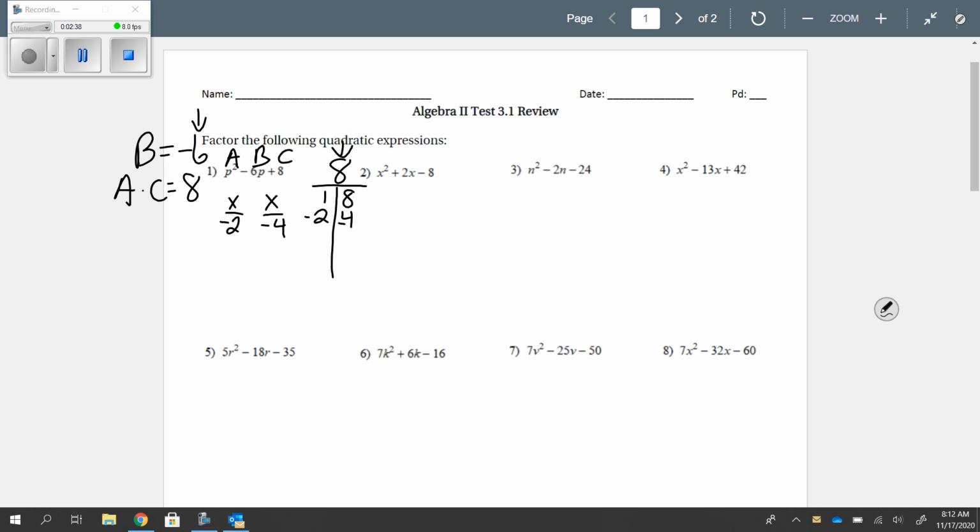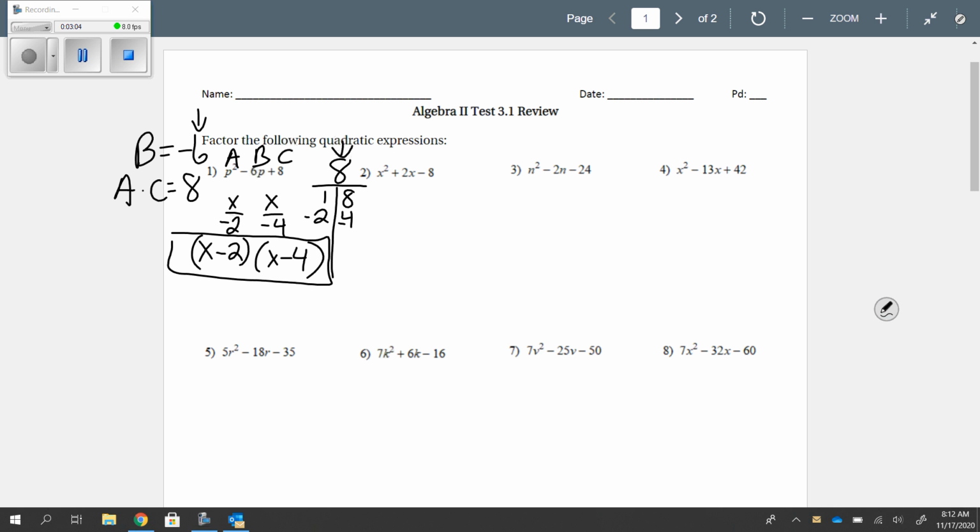Please don't forget this step. It's very important, especially when A is greater than 1, to see if you can simplify, okay? But here we know we can't simplify, and when I say simplify, I mean, can you go lower than what it is? X minus 2, you can't go lower than that. X is already 1. So X minus 2, and then X minus 4, and we're done.